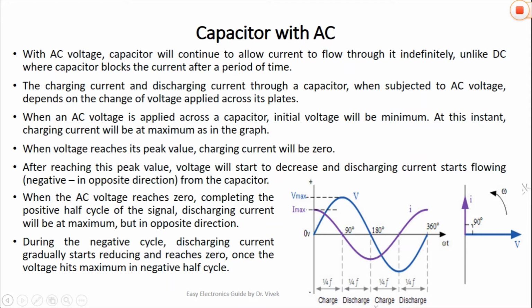When voltage reaches its peak value, charging current will be 0. After reaching this peak value, the voltage will start to decrease and discharging current starts flowing. When the AC voltage reaches 0, completing the positive half cycle of the signal, discharging current will be at maximum but in the opposite direction.